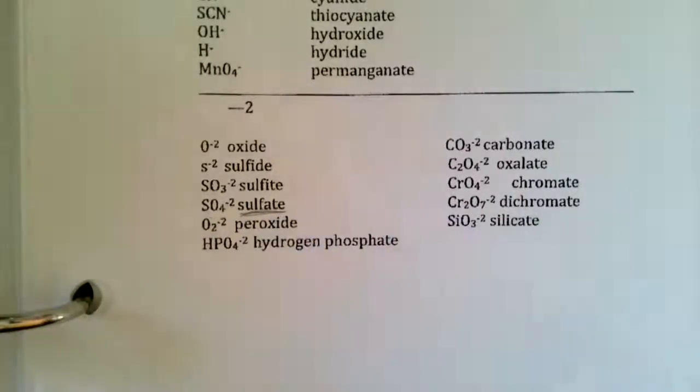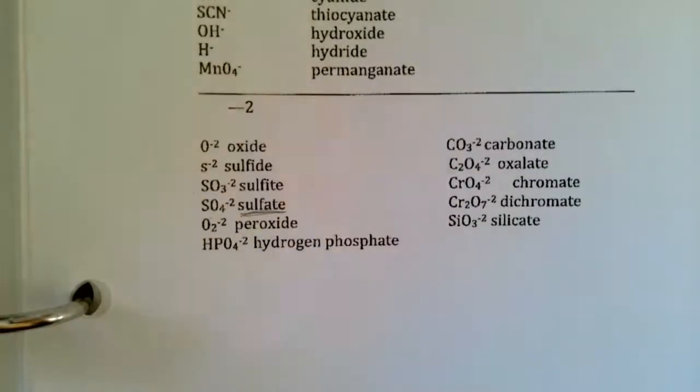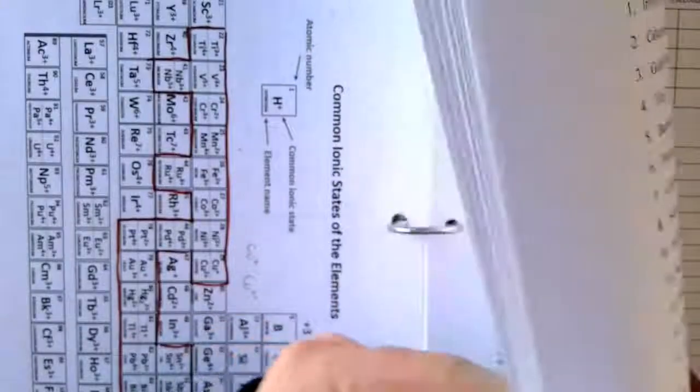So I just say sodium sulfate. Okay? So using this table and this table, go through and write all of the formulas for both of these pages and write all of the names, okay? I will post an answer key, but this should all be filled out.